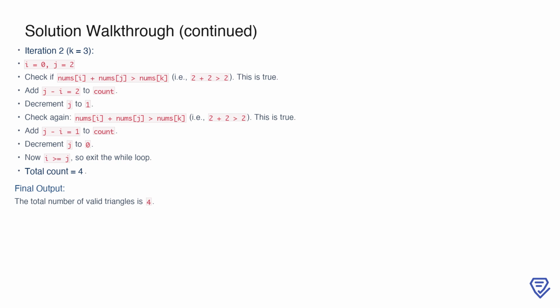We then decrement j to 1 and check again: 2 plus 2 is greater than 2. This condition is still true, so we add j minus i, which is 1, to our count. We then decrement j to 0. At this point, i is no longer less than j, so we exit the while loop. The total count of valid triangles for this example is now 4. This is our final output for this input array.